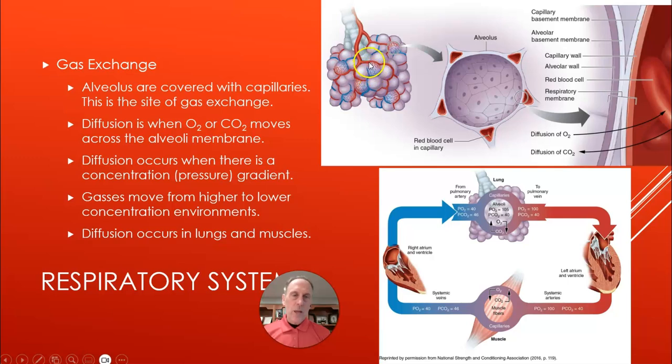That membrane, represented here, and then represented here to a more microscopic degree, gives you an idea of the teeny tiny size of this. The alveoli are covered with these capillaries, which are the site of gas exchange, both CO2 and O2, and that's referred to as diffusion.